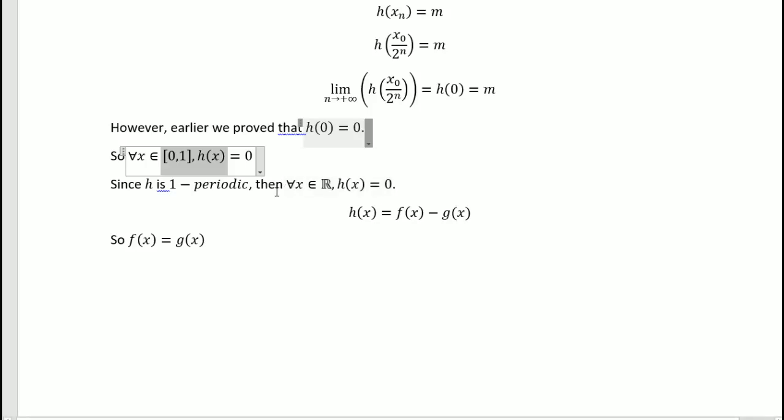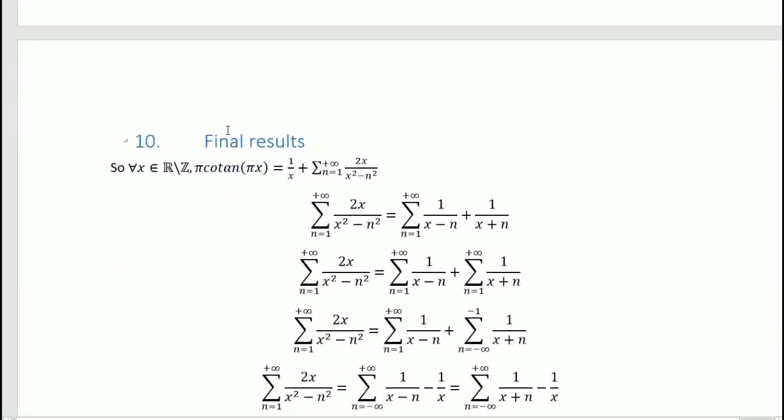And h of x equals f of x minus g of x, as we proved earlier. So f of x equals g of x, and so it's time to conclude the final results.